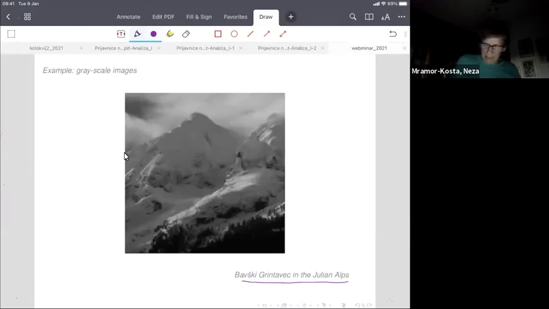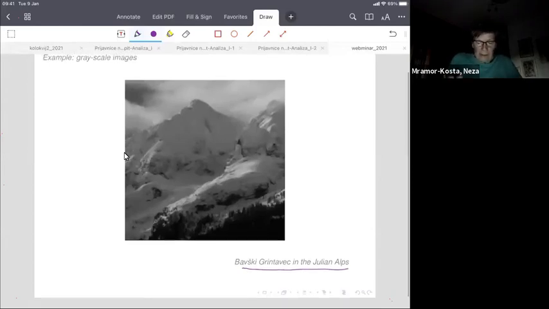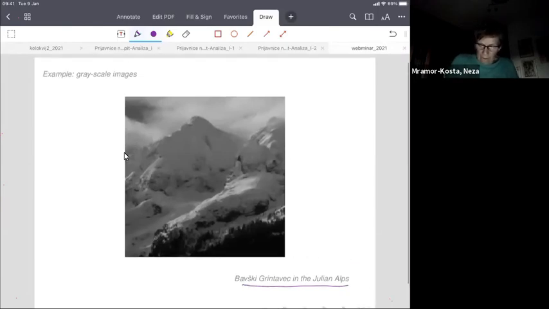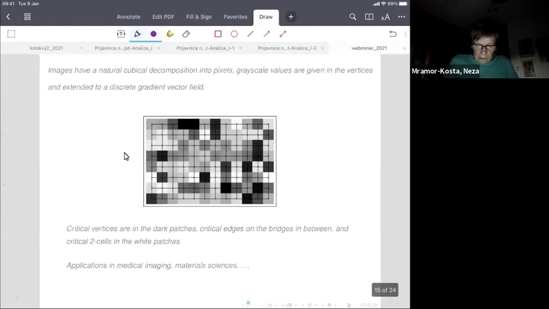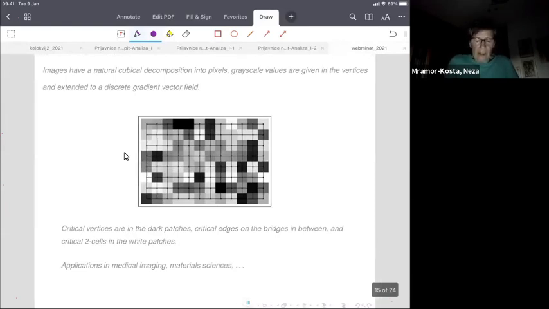It's very pretty. Okay, so how do we use discrete Morse theory for image analysis? Here's a beautiful image, and so what are the features in here? If we look at this as a digital image, we know that grayscale images come with a natural cubical decomposition into pixels.